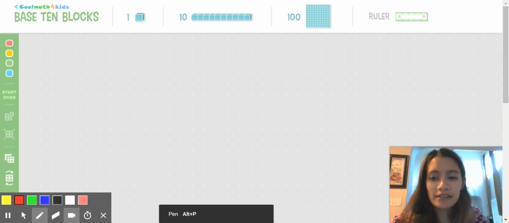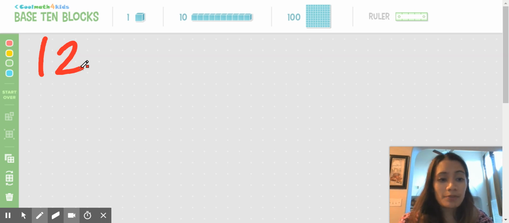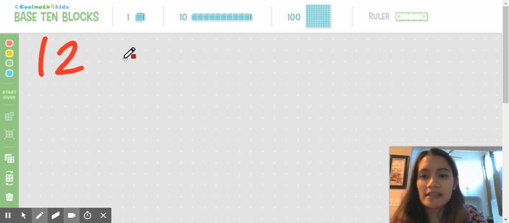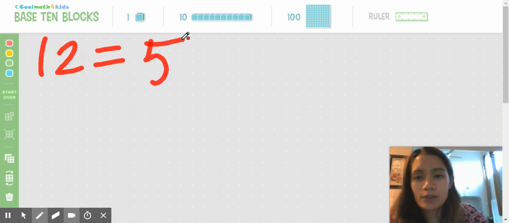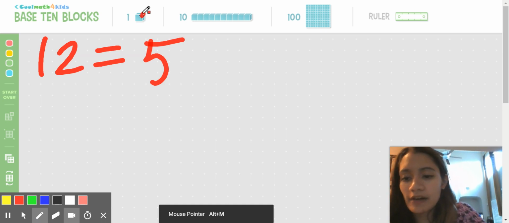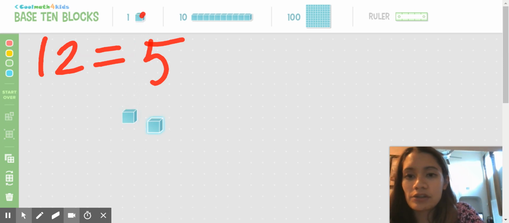So let's look at the number 12 again. We've talked about that you can break up 12 into 1 rod and 2 ones. You could also, if you were to break this up, you could also say you can have 5 ones. 1, 2, 3, 4, 5.